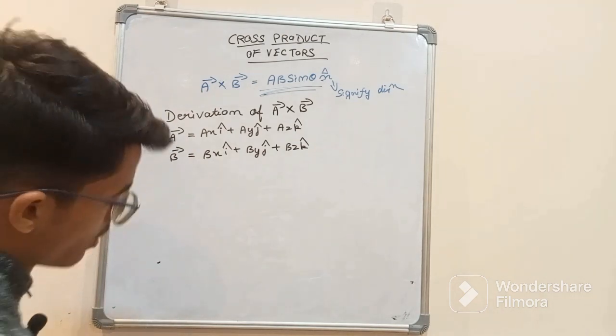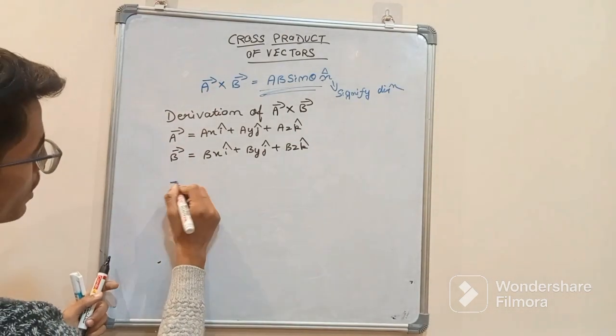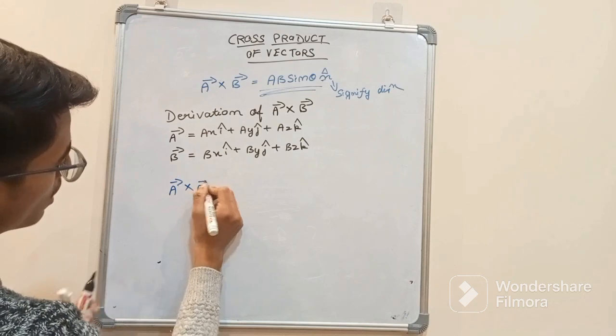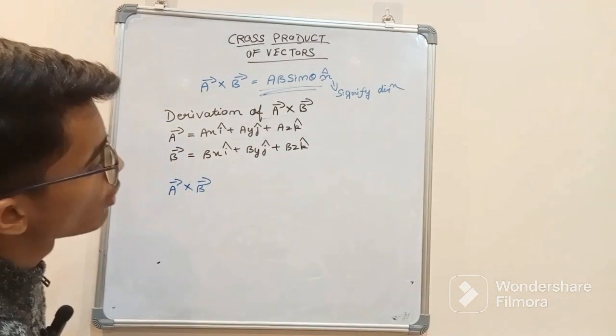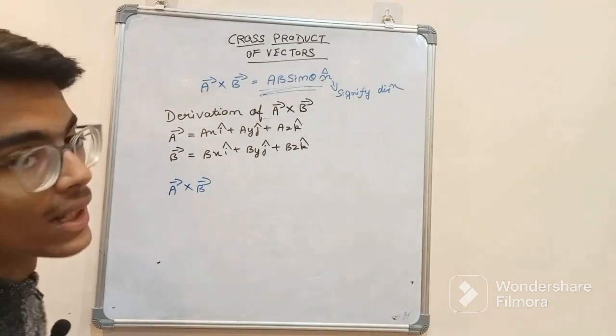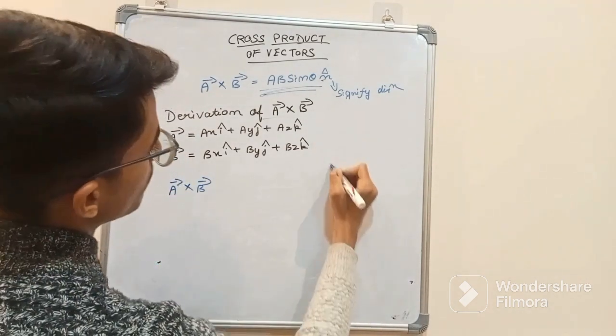Now we are required to find A vector cross B vector. So to find A vector cross B vector, we use a method called the determinant method.